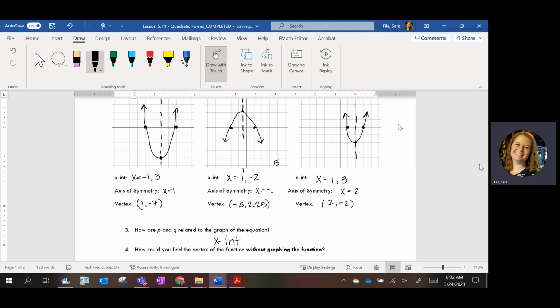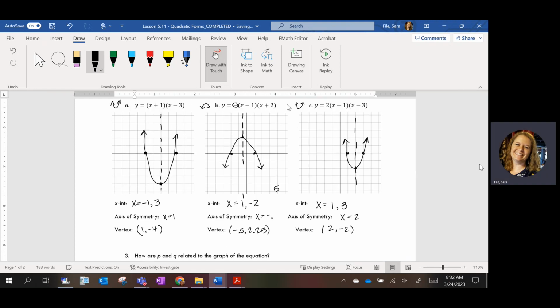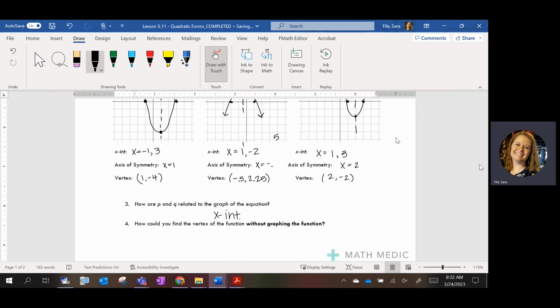It's right in the middle of those zeros, right? So the x value we could find by just going halfway between the zeros. And then how could I find the y value? If I know the x value, could I plug it in for x and solve and see what y is? Yeah, I could do that without looking at the graph.